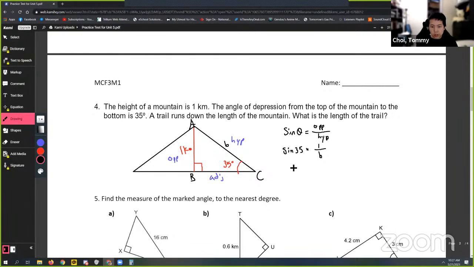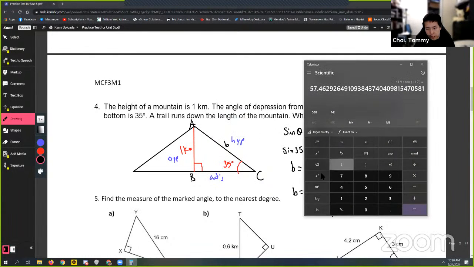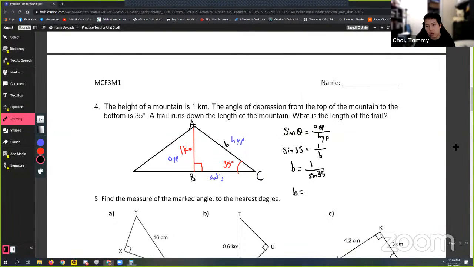So rearranging it, you should get b equals 1 over sine 35. Hopefully you guys are calculating right now. So when you do b is 1 divided by sine 35, I get 1.74 or 1.7.